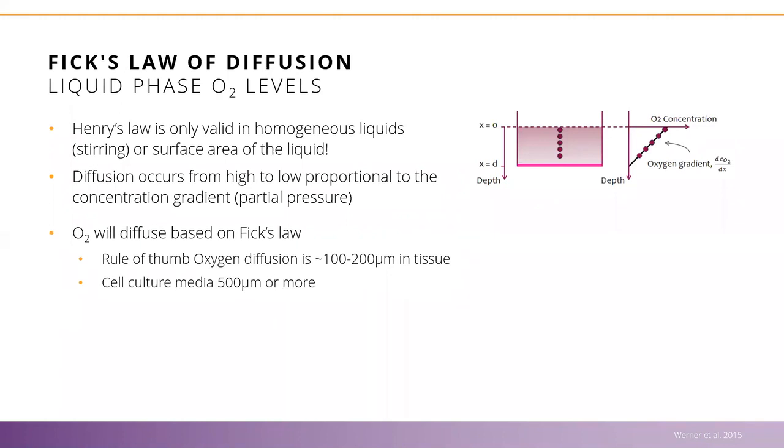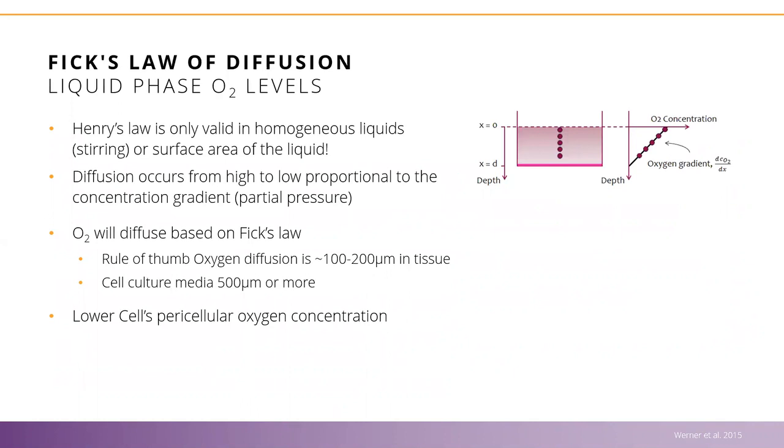So in cell culture plastics, at least for my previous work, I know that my cell culture media height was at a minimum of 500 micrometers. And depending on how much you use, it might actually be much, much more. This would mean that your cells have lower amounts of oxygen present near them than you're actually aware of.